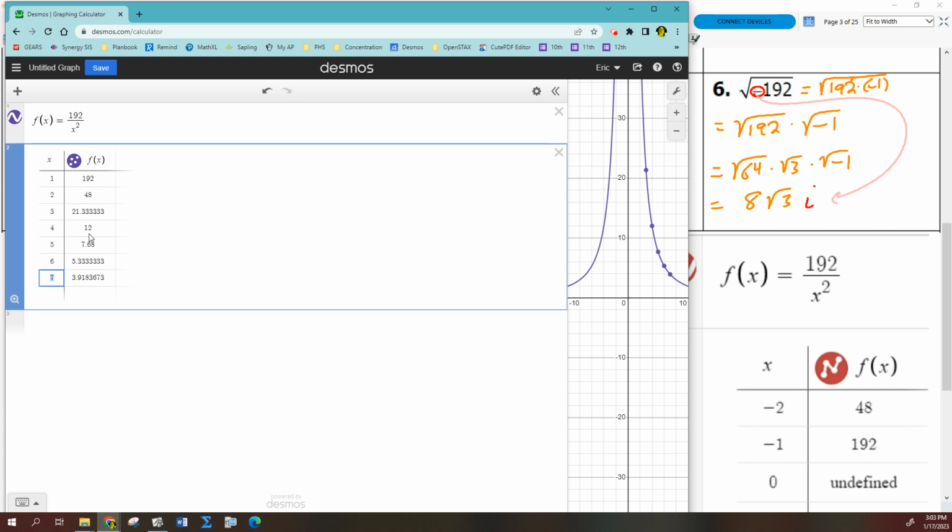For example, the square root of 12 could be simplified, couldn't it? So I have to keep going until I get a number that, inside a radical, would mean I could stop. So you tell me when to stop. Stop, right? Because I know that the square root of 3 can't be simplified.